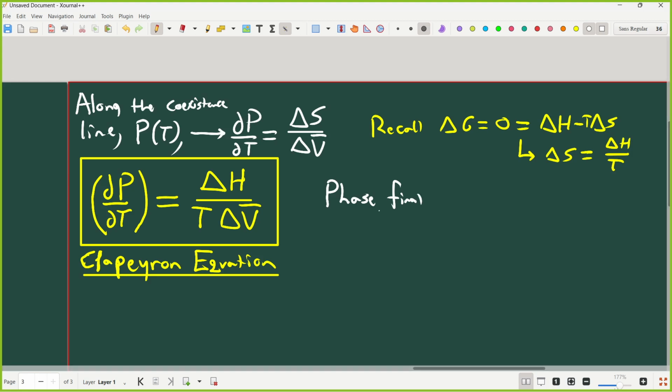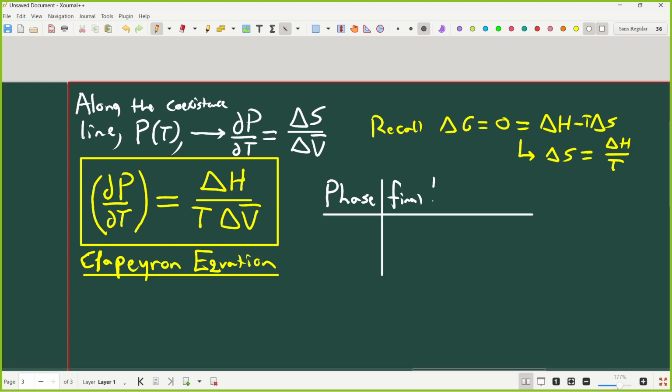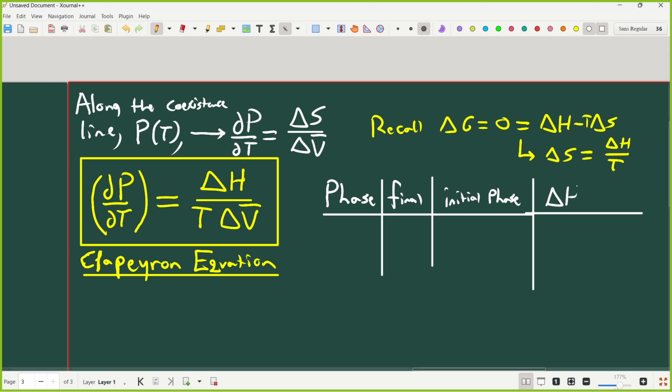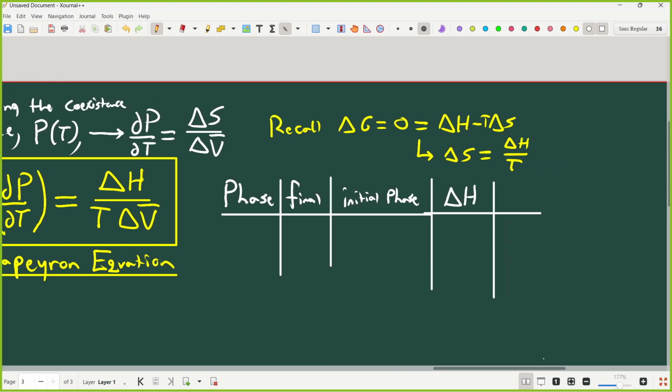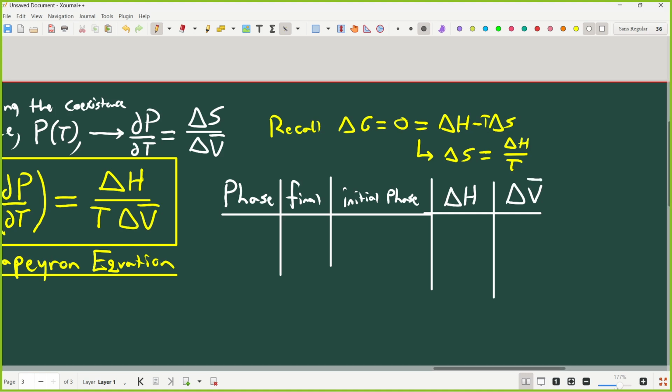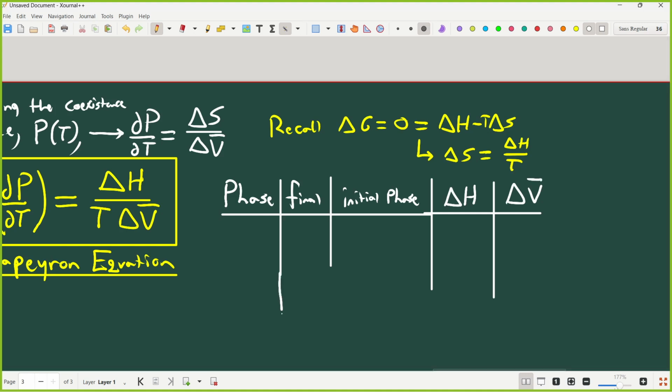First we'll have the final phase, the initial phase, the sign of delta H of that transition, and the sign of delta V along that transition. Okay, so let's try a simple one.